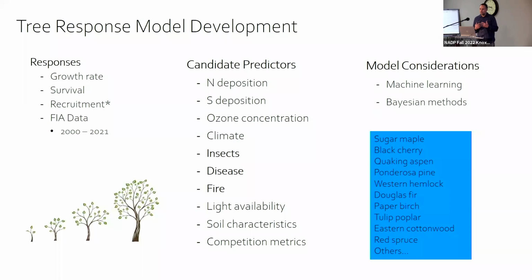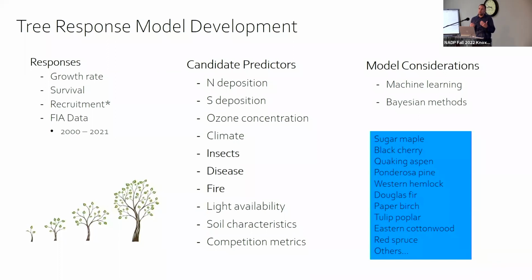But also a really important factor here that hasn't been considered yet is agents of disturbance, more acute agents of disturbance like insect infestations, disease, and fire. We used the previous set of models in the Intermountain West to evaluate species response and wrote that up in a report.